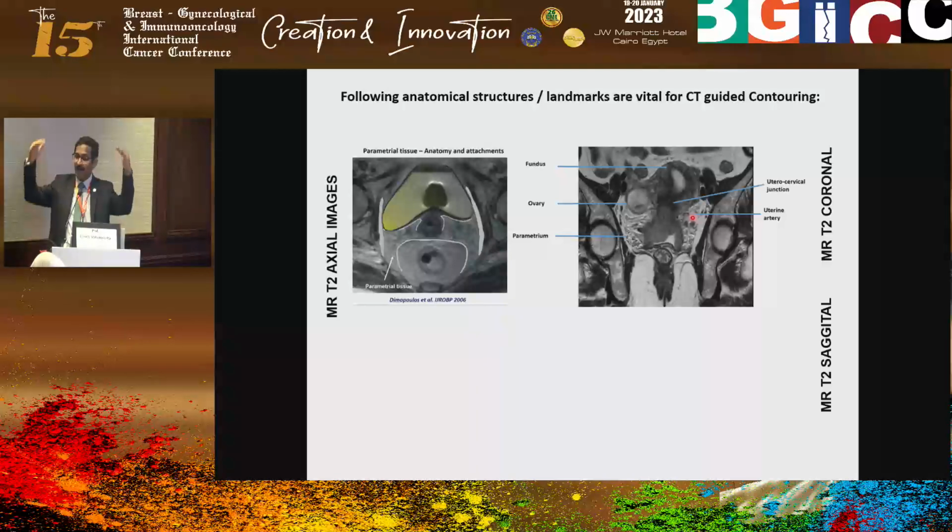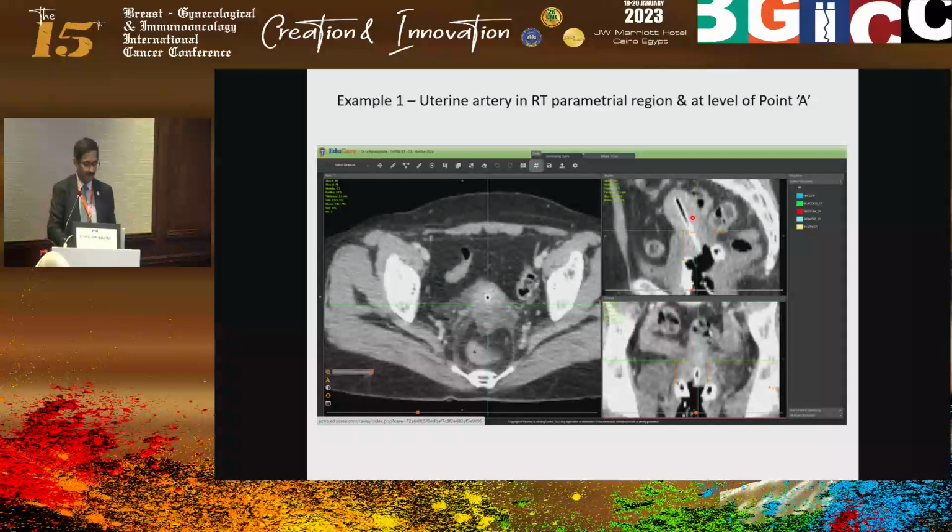So that is the upper extent of parametrial tissue in the superior-inferior region, and that you can see very well on this CT scan here. Can you see here on the right side? That is the uterine artery which is coming from lateral going into the uterocervical junction medially. On the right side it is here, on the left side you can see it coiling here. And if you see that level on coronal section, that is invariably at the level of point A.